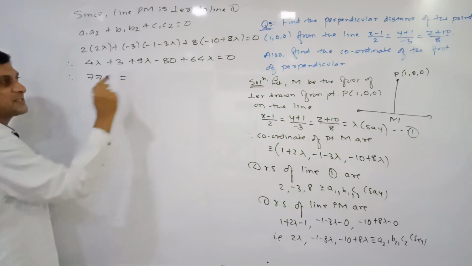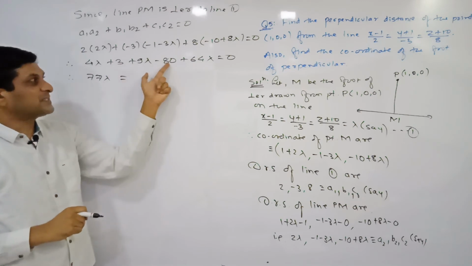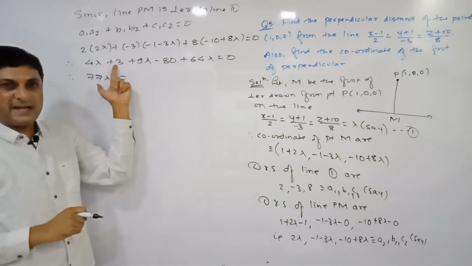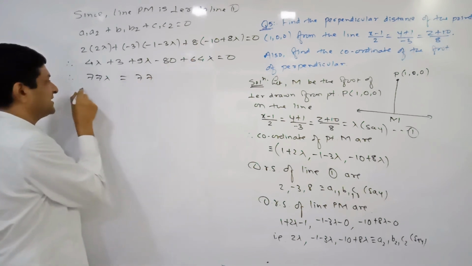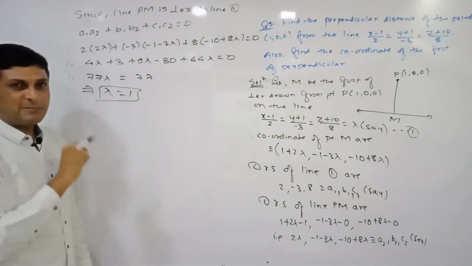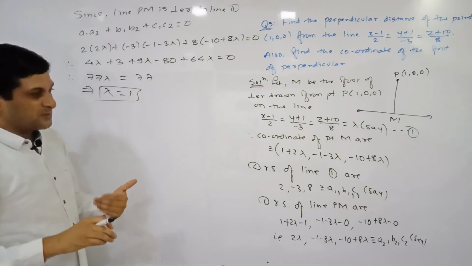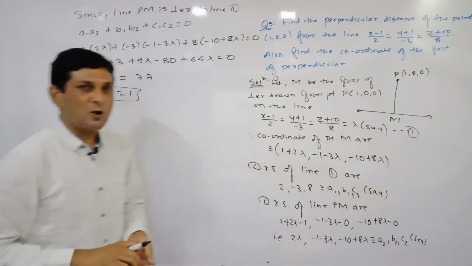Now collect the constant term. Observe, two constant terms appear in this expression. Minus 80 plus 3 is minus 77, and on the other side will become plus 77, which implies that lambda is equal to 1. Once the value of lambda is known to us, substitute the value of lambda in this expression, we will get coordinate of point M.